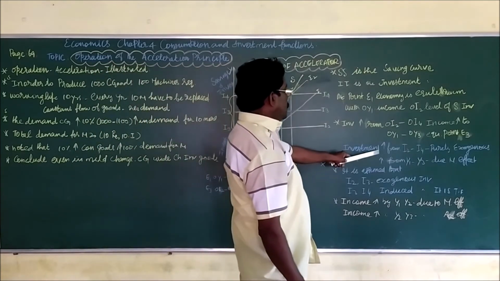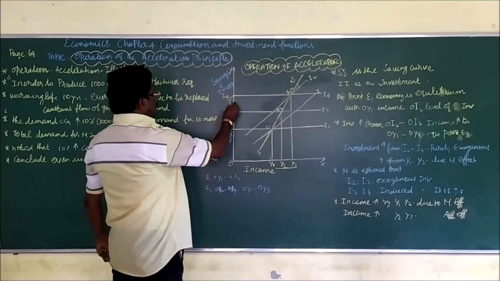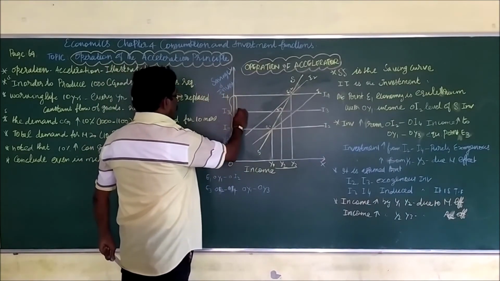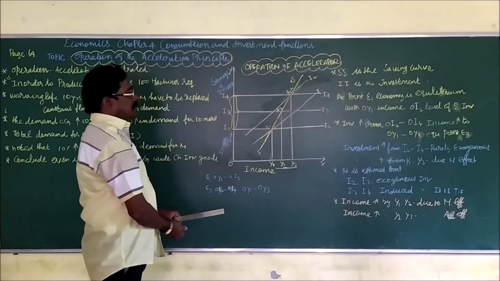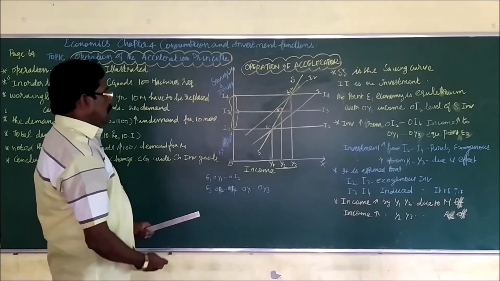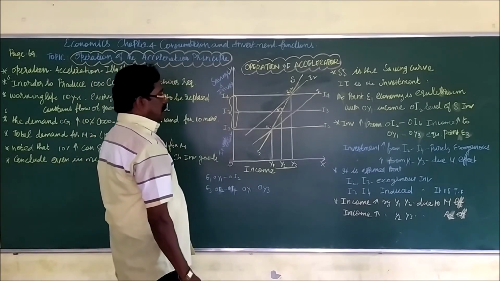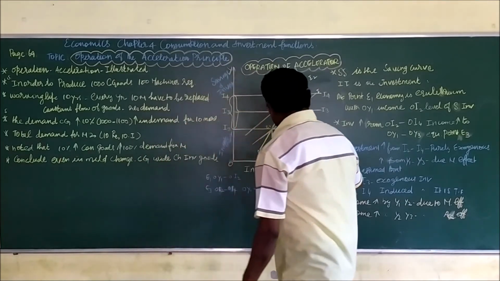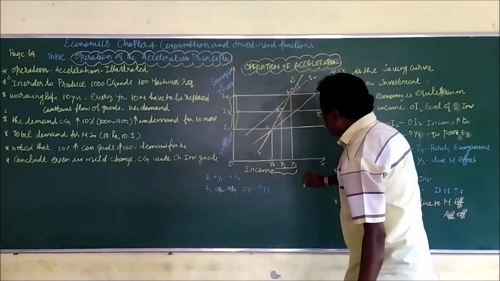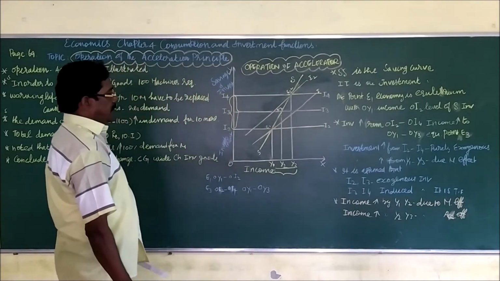So the investment increased from I2 to I4. This is exogenous investment. The income is also increased from Y1 to Y3. This is the multiplier effect.